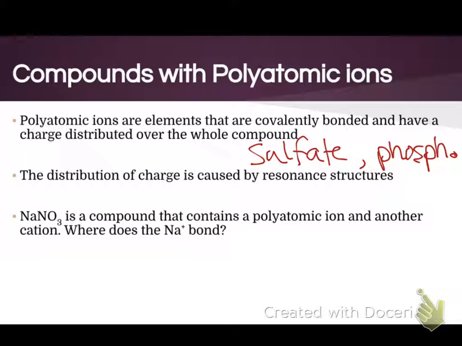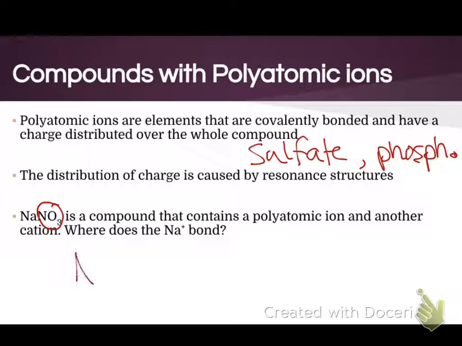Another example is if we take that polyatomic anion, the NO3 here, so it's still the nitrate, and we connect it to a sodium, we make a compound. The Na doesn't connect to any one particular oxygen. It's going to kind of loosely associate with all of them.